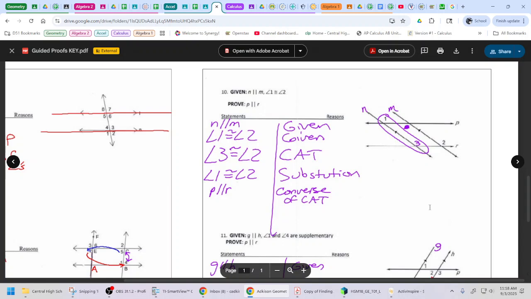Okay. So yours should probably say angles 1 and 3 are congruent by alternate interior angles. Yeah. Okay. Being that 3 is where the dot is. And then we can do substitution to make 3 and 2 congruent, and then converse of alternate interior angles. So I don't know why mine's different there. And then we already checked 11.